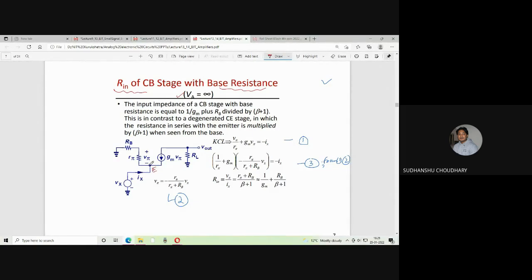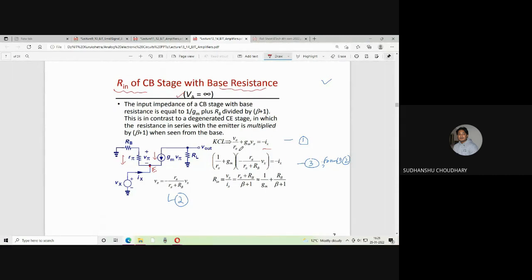So that is the Vx by Ix ratio I want to find. If I apply KCL at this point, Ix is equal to the current through this plus the current through this, that is V pi by R pi plus Gm V pi.